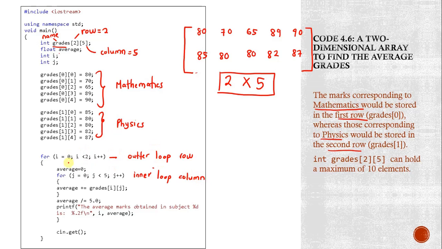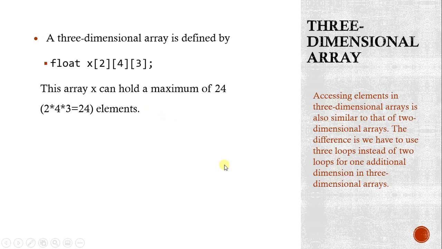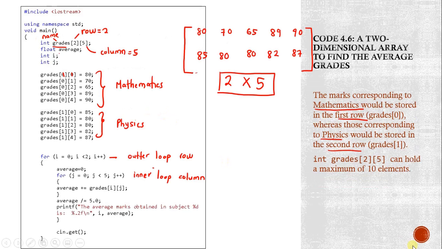And why is it from 0 to 2? Because instead of starting from 1, I'm starting with 0. So I have to start I from 0. So don't forget to declare my integer I and integer j.